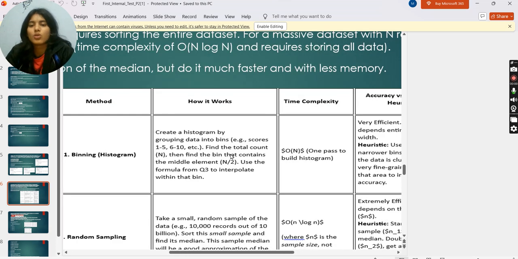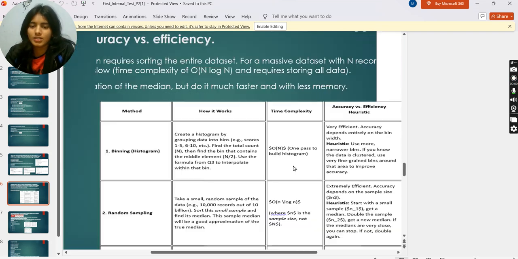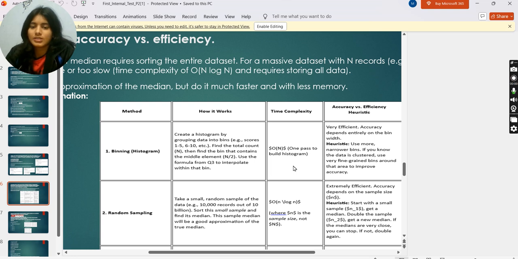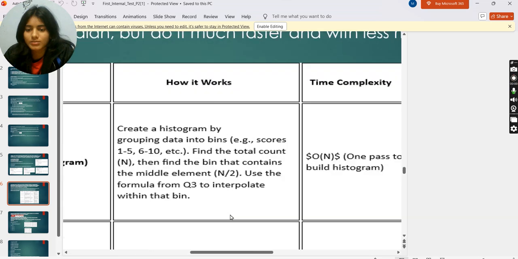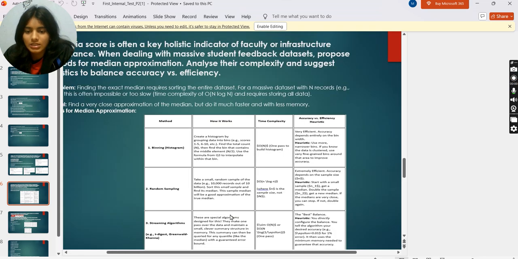So binning, or histogram, is grouping data into bins. Random sampling: take a small random sample of the data, sort this small sample and find its median. This sample median will be a good approximation of the true median. And we have streaming algorithms, which are special algorithms designed for this.